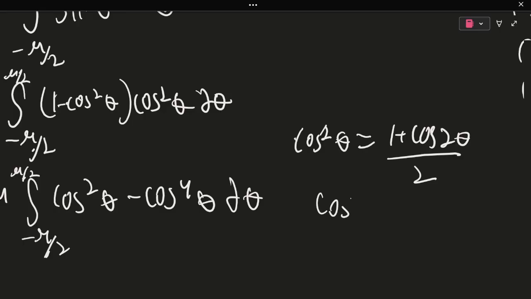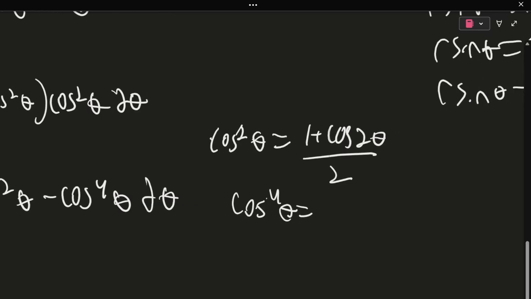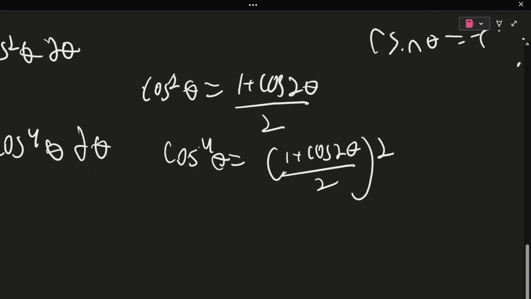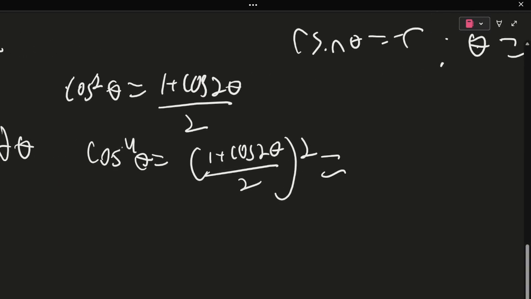So cosine to the 4th of theta is going to be equal to this expression squared, which is equal to cosine squared.